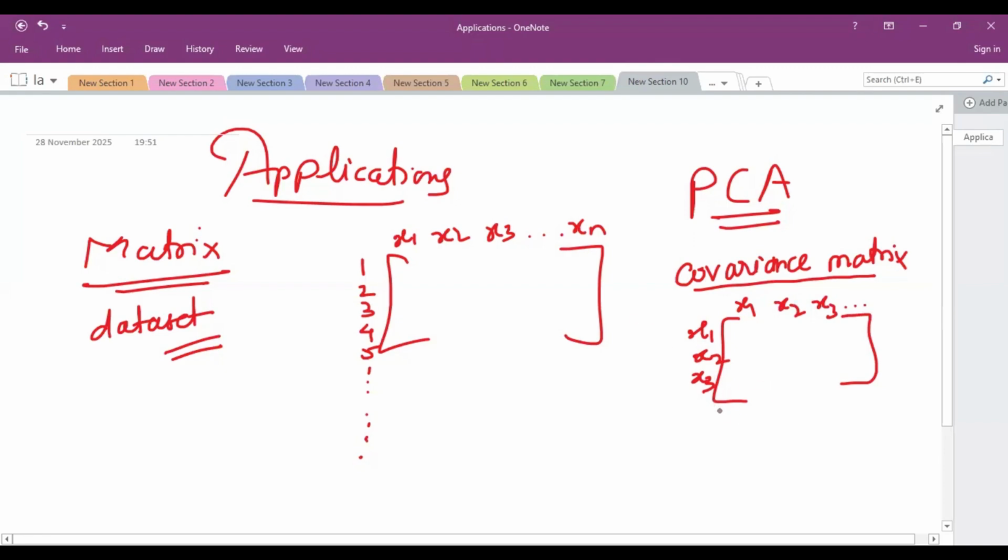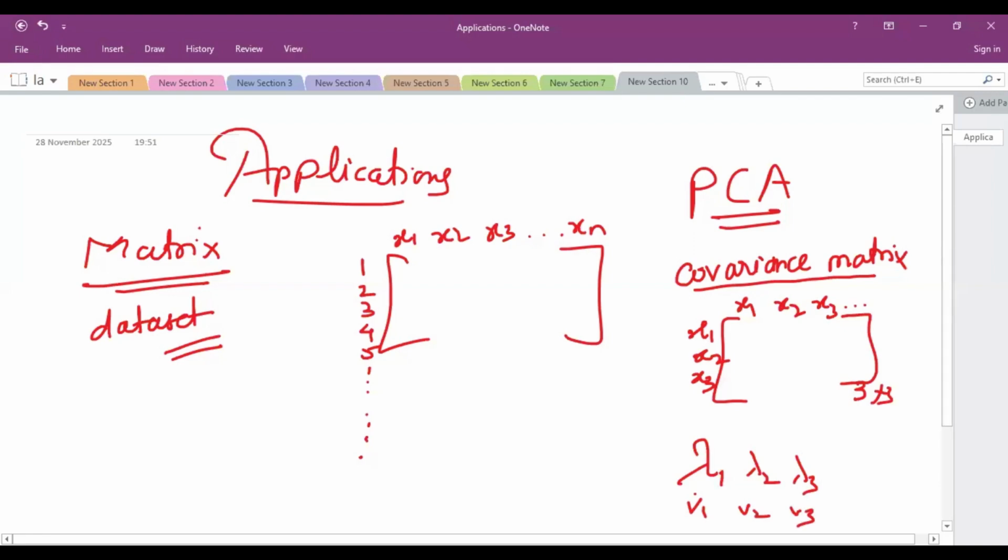Now, once we have this covariance matrix, we can find eigenvalues of this matrix. In case I'm dealing with a data set which has three features only, then the covariance matrix will be of order 3 cross 3. Then I will have three eigenvalues, lambda 1, lambda 2, lambda 3. And possibly if everything goes properly, we will have three eigenvectors, v1, v2, and v3.